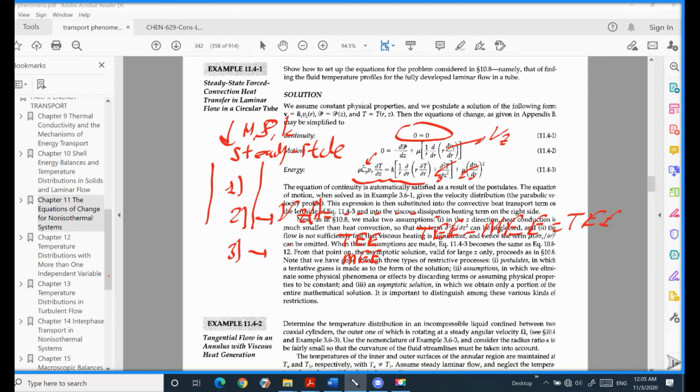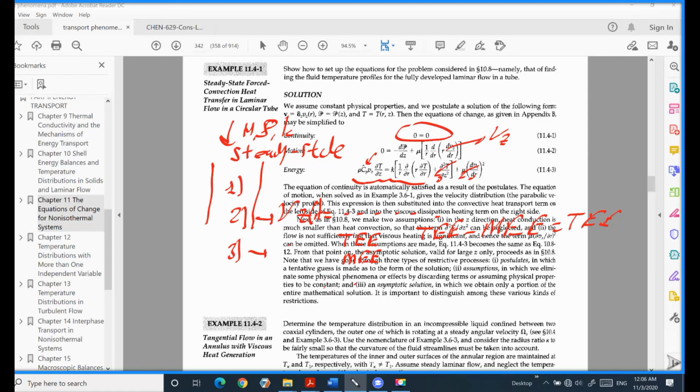Then we gave some examples, like example 11.1, and went to appendix B to show how to use the continuity equation, how to simplify them, and finally how to solve any energy problem step by step.